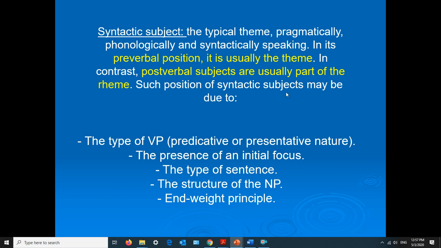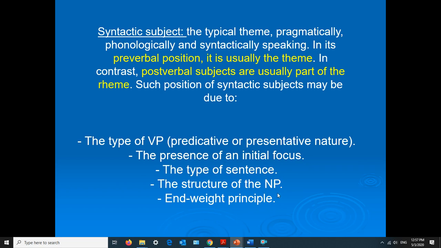And such a position of syntactic subjects, meaning a sentence final, rhematic position, may be due to the type of verbal phrase, be it predicative or presentative in nature, the presence of an initial focus, the type of sentence, the structure of the noun phrase, and the principle of end weight.